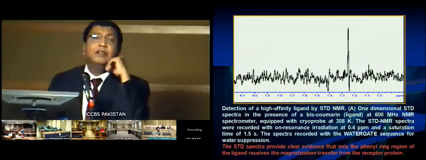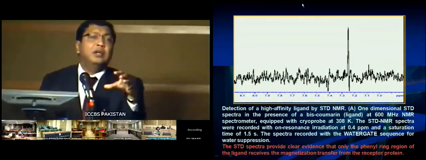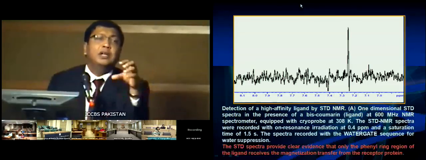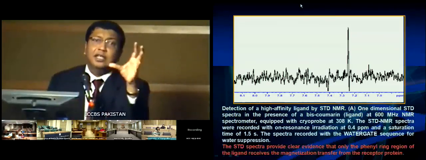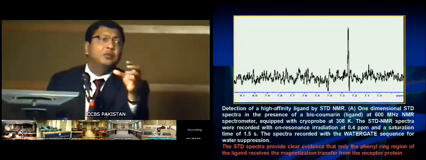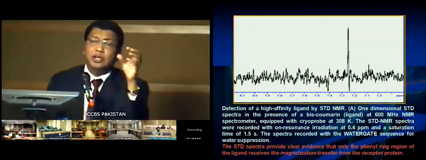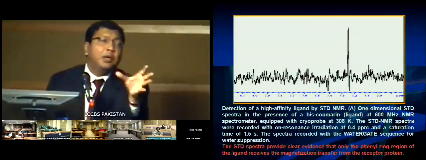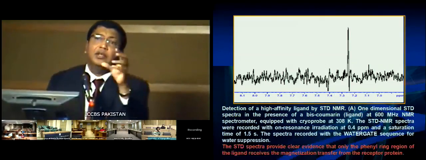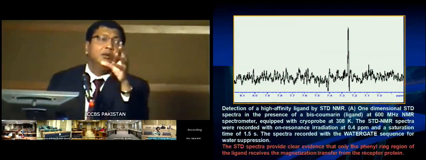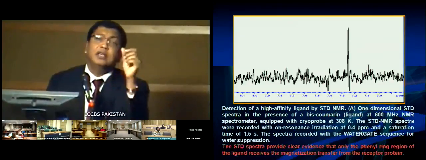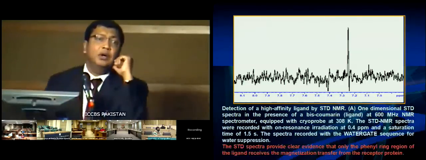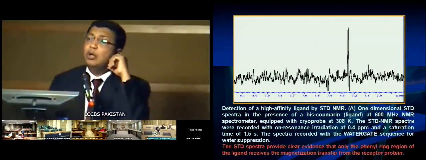So I have taken you through this. There are lots of other NMR techniques also, but these are the most important ones. Ligand screening: when you have several ligands, you put them together with a receptor and you see which ligand is interacting. Fragment-based interaction: you have fragments, then you link them together and optimize them. You can use it for optimization of your lead molecule.